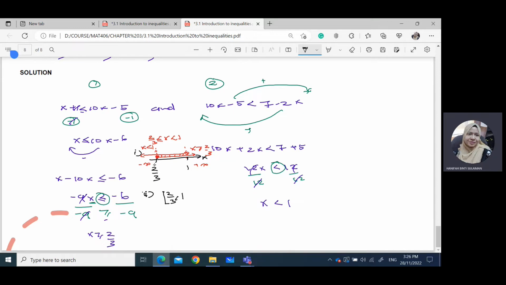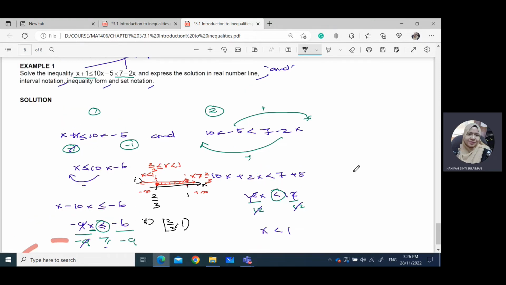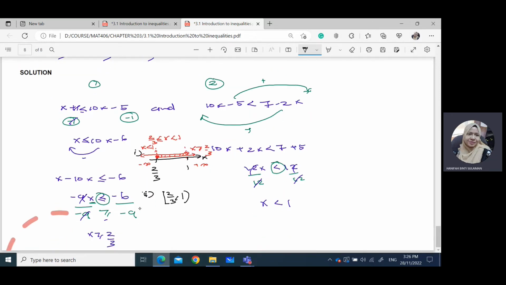Okay, so maknanya dia punya nilai-nilai x daripada 2/3 dan hanya bergerak ke 1. Maknanya nilai yang paling besar untuk x tu tak sampai 1 lah. Okay, so jadi kita letakkan sebagai open bracket. So open bracket yang round bracket tu.